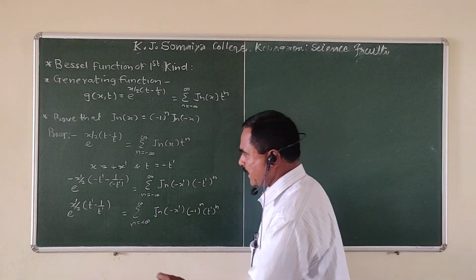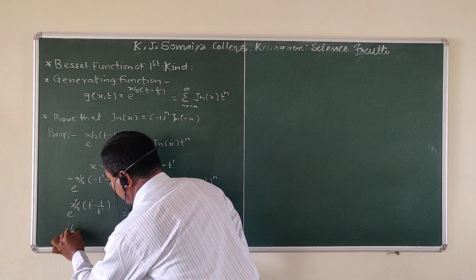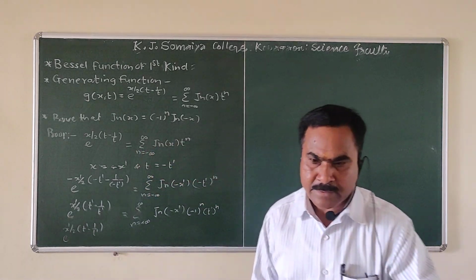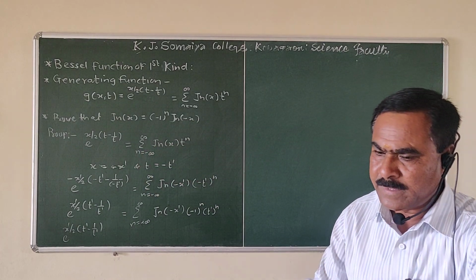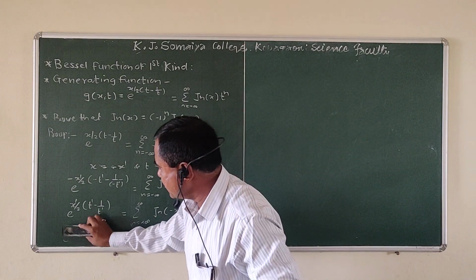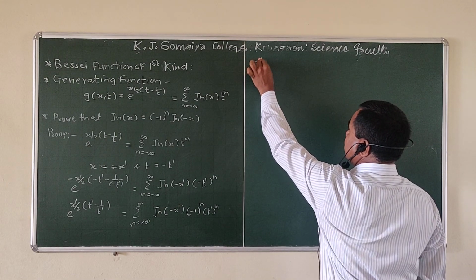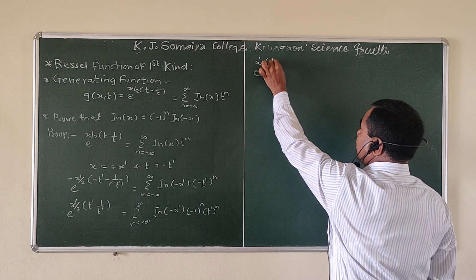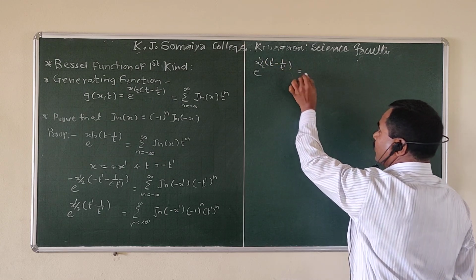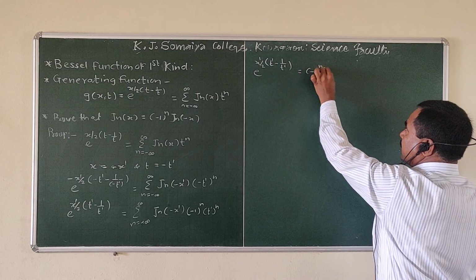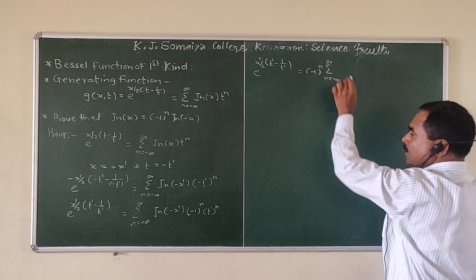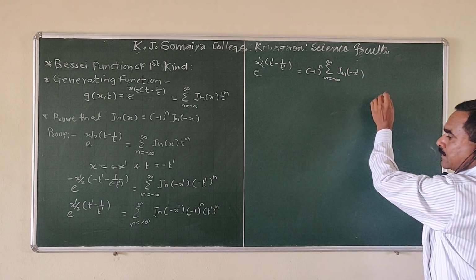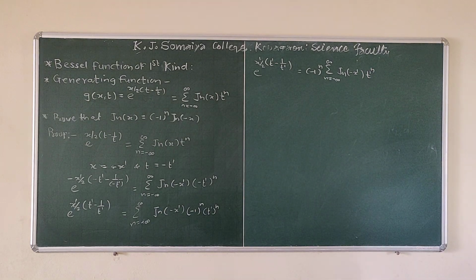Okay, so in the next step we write e^{(x'/2)(t' - 1/t')} = summation n from minus infinity to plus infinity (-1)^n J_n(-x') t'^n.